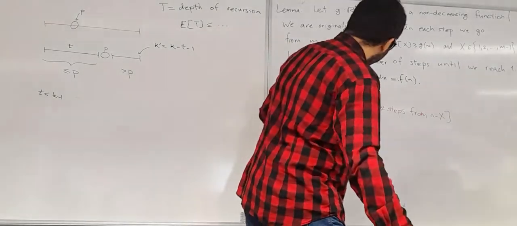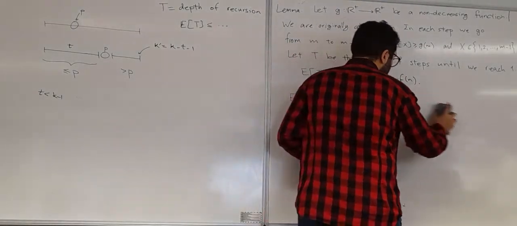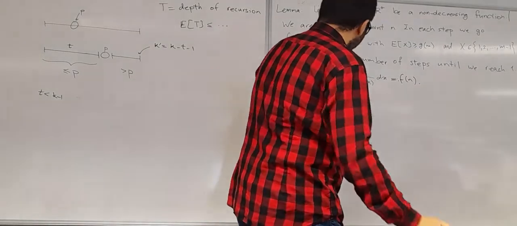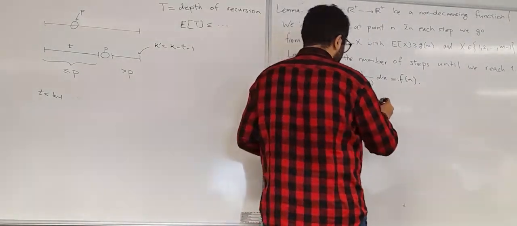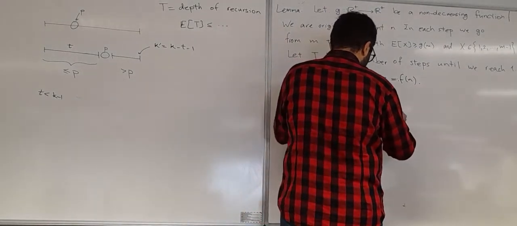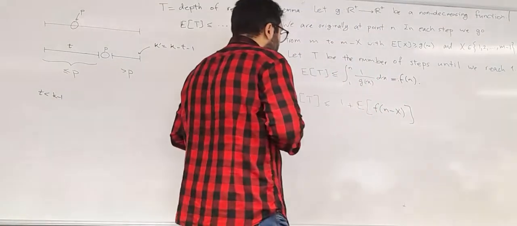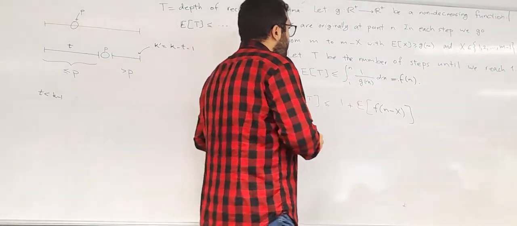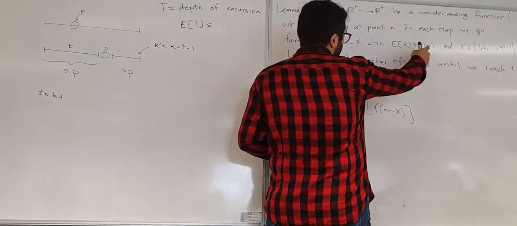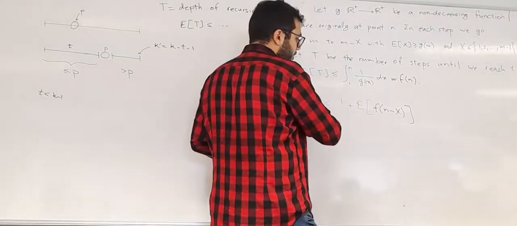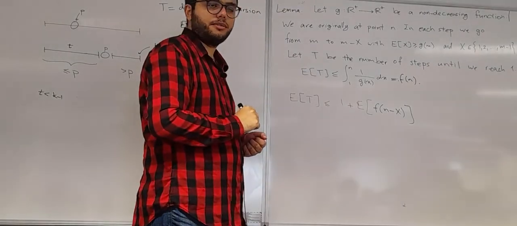My expected number of steps is at most 1 plus the expected value of f of n minus x. And the only thing that I know is that the expected value of x is greater than g of n, because I'm starting at position n right now.